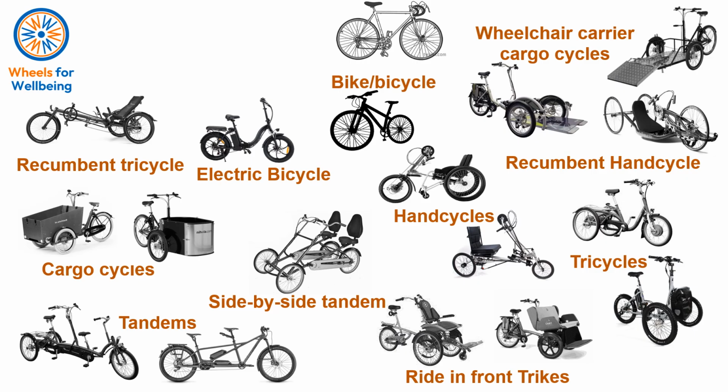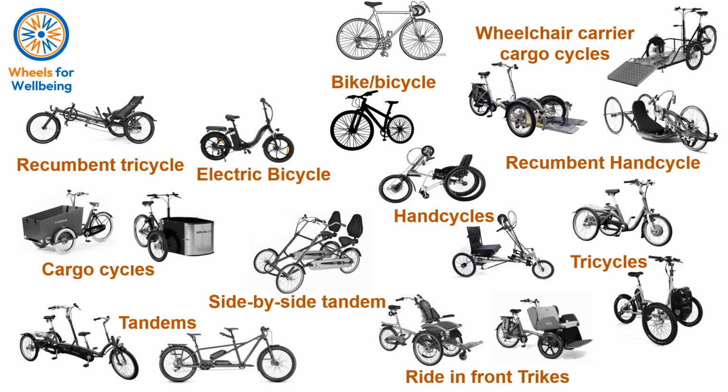The other types of cycles on the screen include tricycles. These are 3-wheeled cycles, and these can be upright, a seated position very similar to a traditional bicycle, or they can be recumbent, where you cycle in a more reclined position. Tricycles can also have different configurations of the wheels.